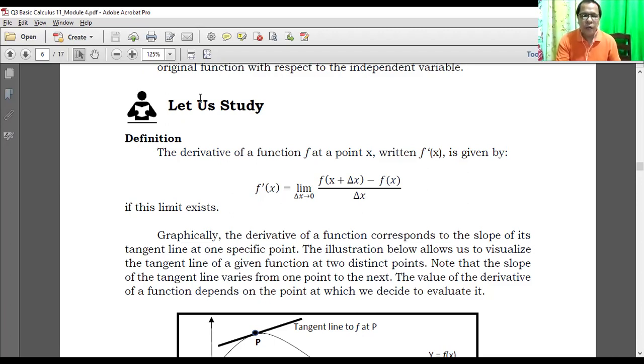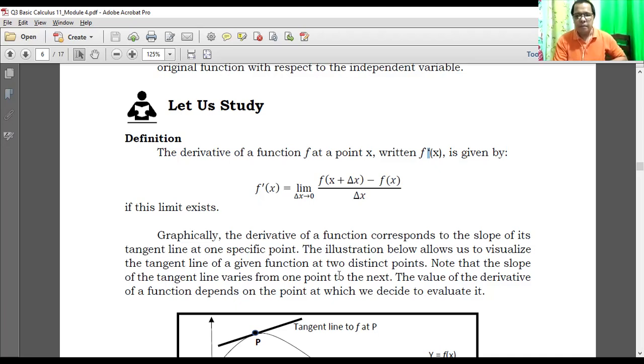Okay, so the definition of the derivative of a function is written as the function with a prime, the mark on top. In the mathematical term it is called prime, in English, apostrophe.